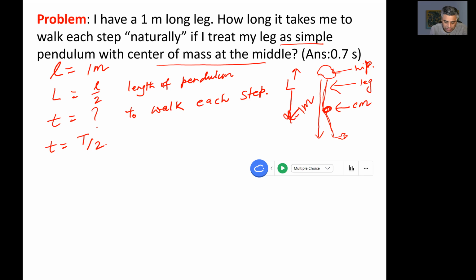So now I can use the formula to find the period.